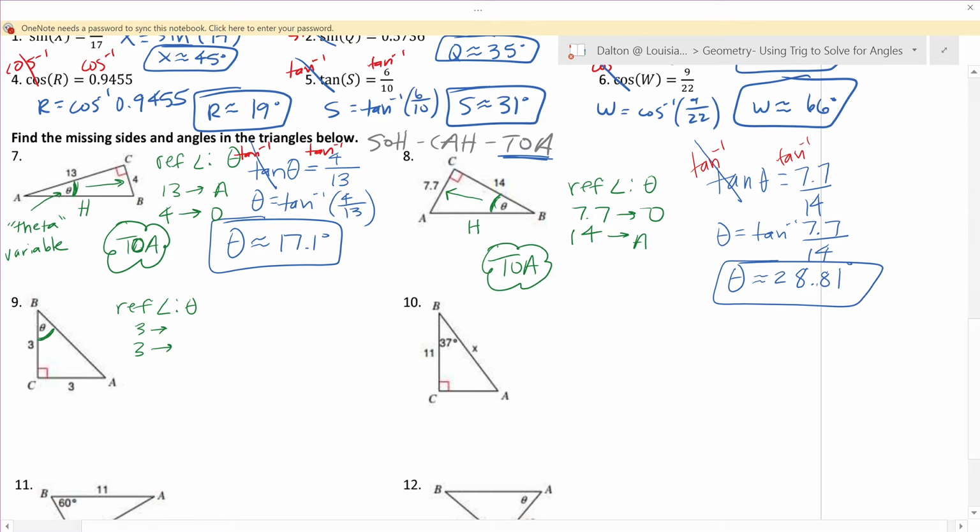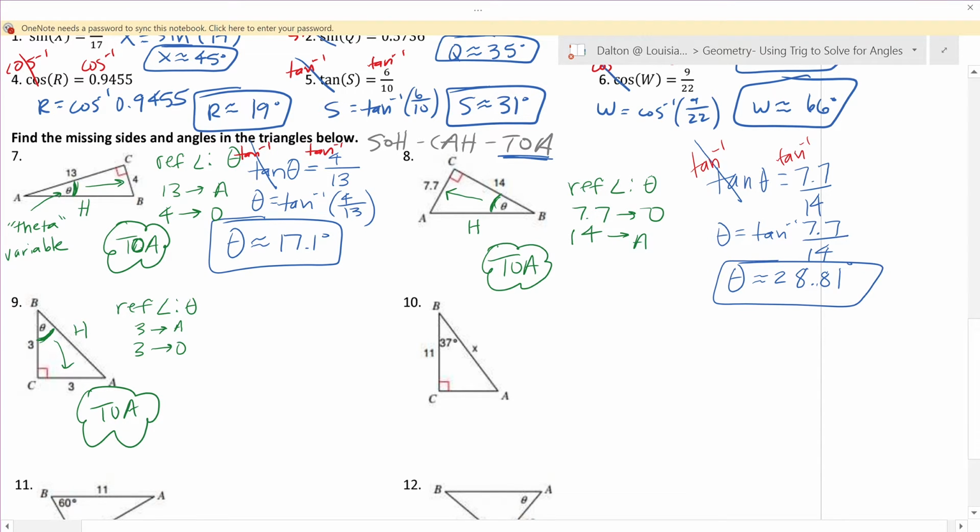I should never mess that one up. Opposite of the 90-degree angle is hypotenuse. So one of my 3's is directly next to theta, and it's adjacent, and the other one is opposite. It really doesn't matter, because they're both the same number. The main thing, though, is I have A and O. So again, I have TOA, or tangent.